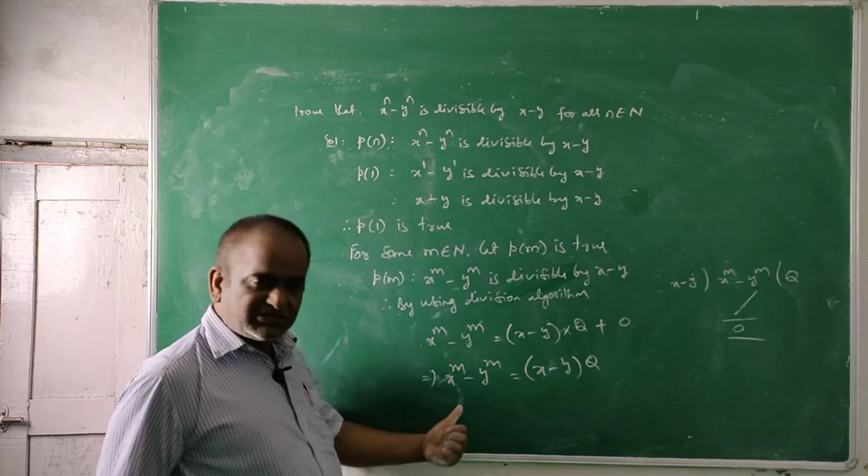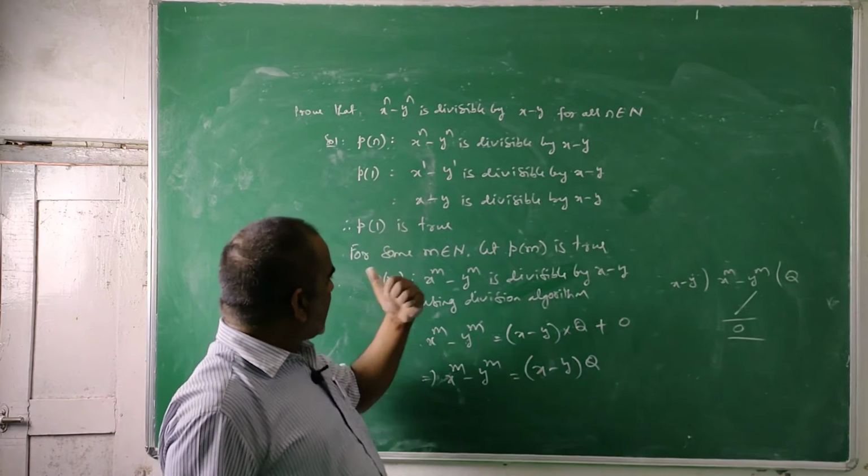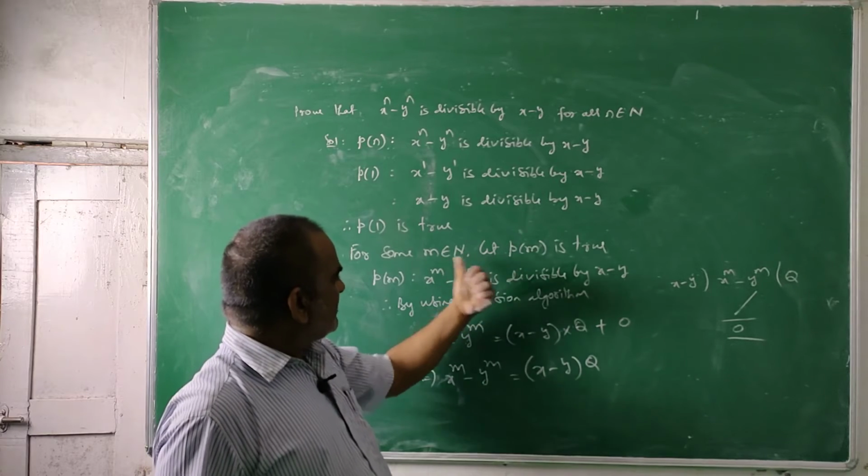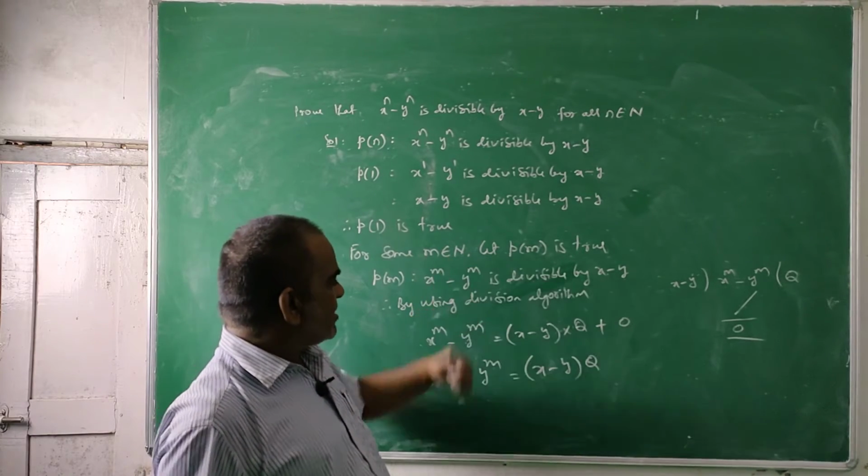So you have reached this stage when you have accepted that P of m is true for some m belongs to n.